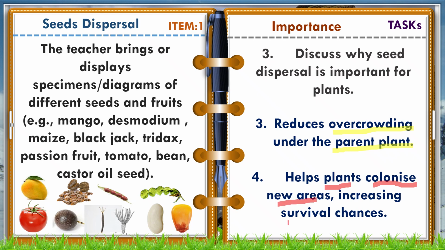This increases the survival chances. So when the seeds are dispersed to other areas, those other areas may have a conducive environment, and that environment may be able to increase the survival of that particular plant.